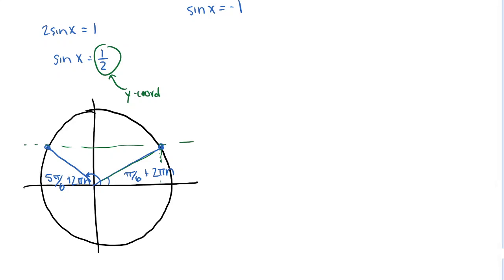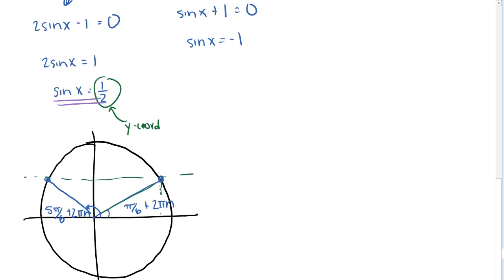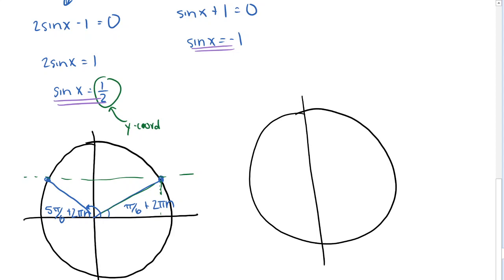Okay, so those are solutions to this equation, which means that they're solutions to our original equation, but they're not all of the solutions. We also need to solve this equation here. And so here we want to find angles which give us a y coordinate. Right, sine gives us y coordinates on the unit circle.